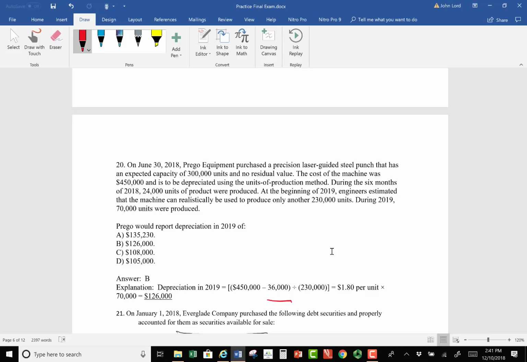And then we use what? We use the new estimate, don't we? Instead of the 300,000, now we say there's only 230,000 units left, which gives me a new depletion base. And then I go forward with that into the 70,000, right? Change in accounting estimate. Just go forward with the new estimate.